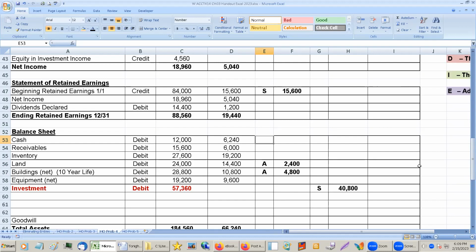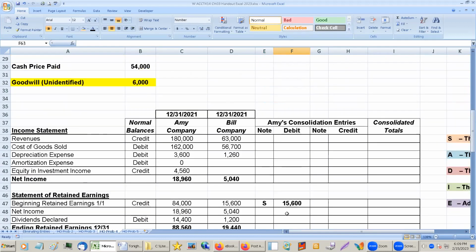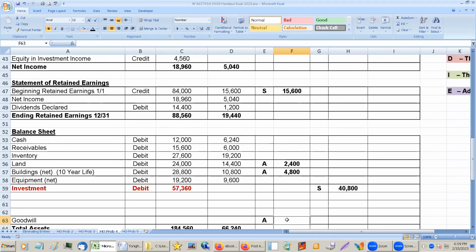What asset am I missing? Goodwill. Yep, goodwill. So goodwill will also have to be in here. The 6,000? Yeah.